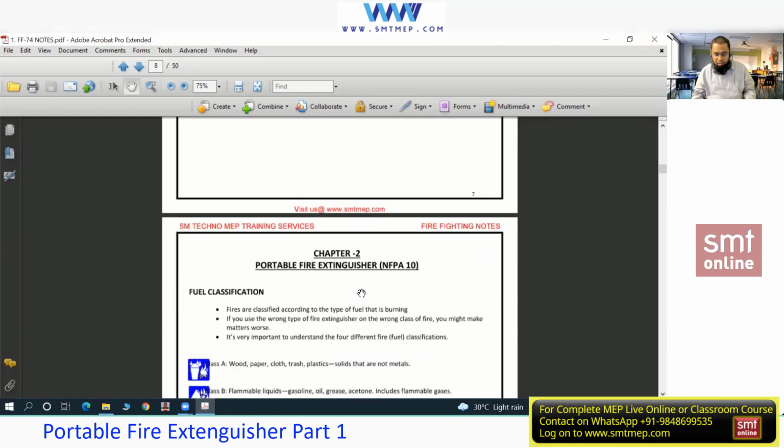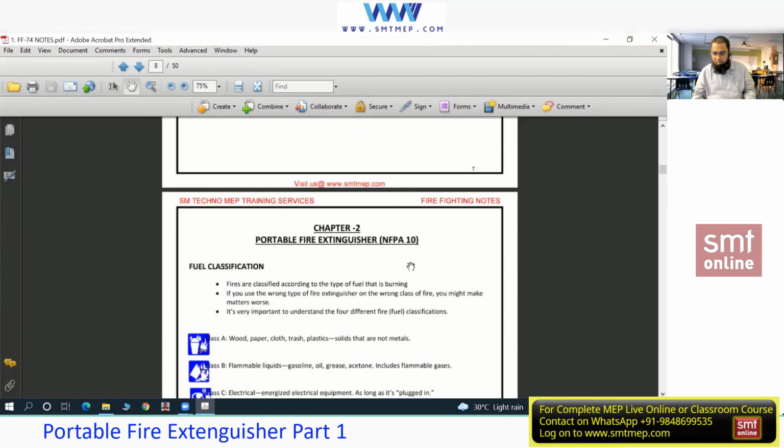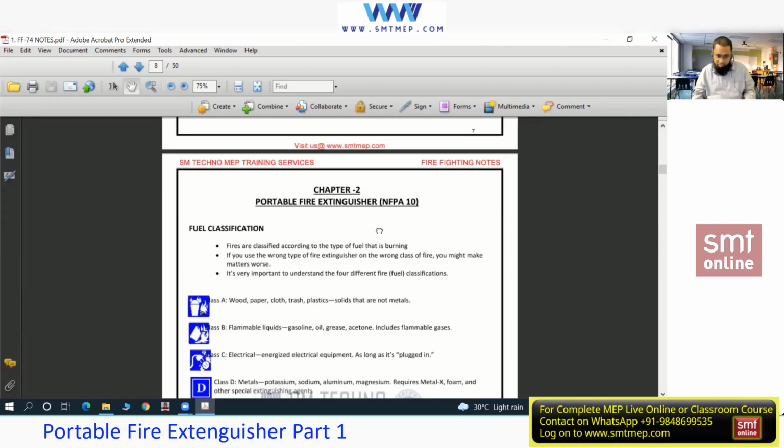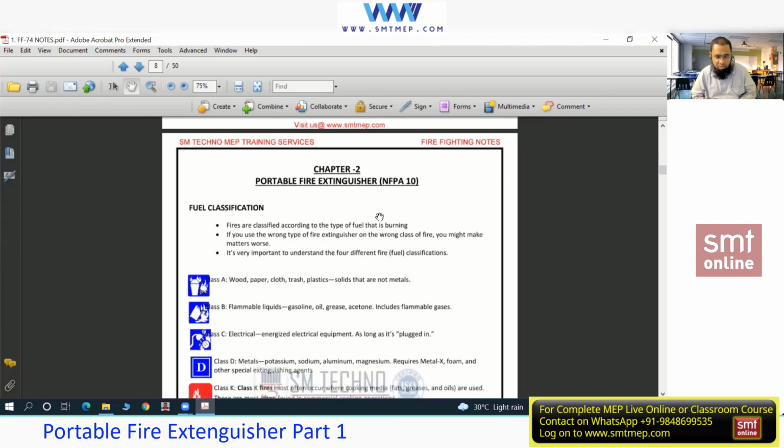Now, related to the fire triangle we learned in the previous session, we have this topic, fuel classification. And remember, this fuel classification that we're going to learn is for portable fire extinguishers. Also, this classification we can use for the CO2 system, NFPA 12, and even for clean agent.